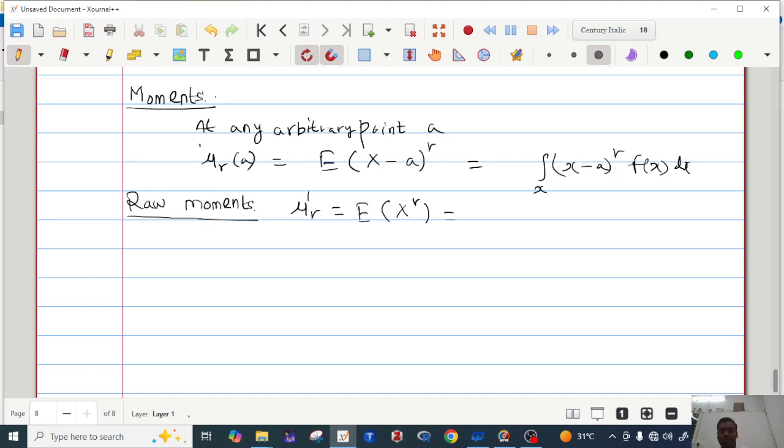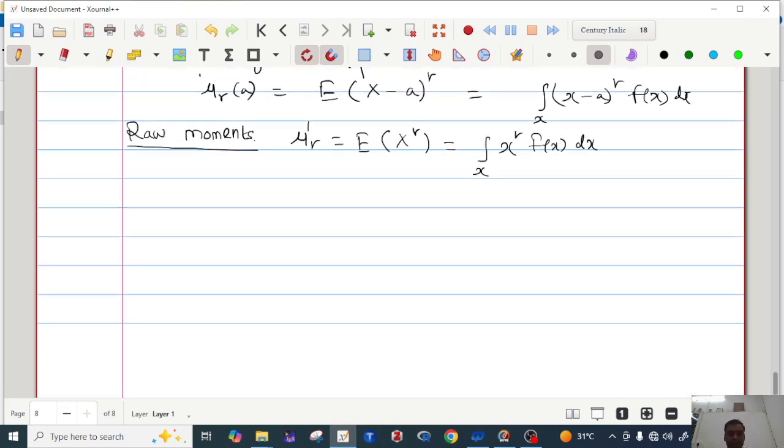So these are the raw moments. They are defined as E of x raised to r. And if this x is continuous, to solve this you will get integration x raised to r f of x dx, like this. So mu1 dash, mu2 dash, if you put the different values of r, you will get the different raw moments.